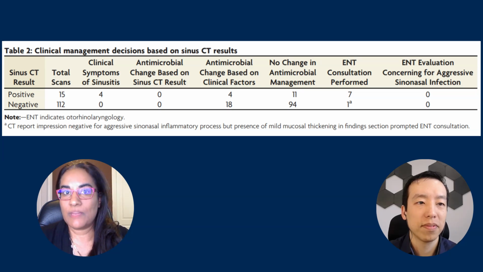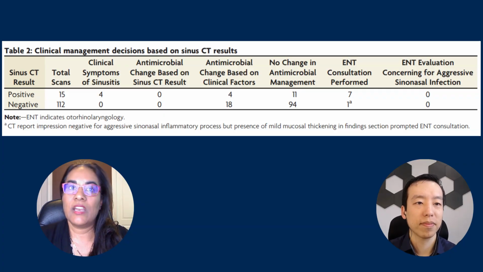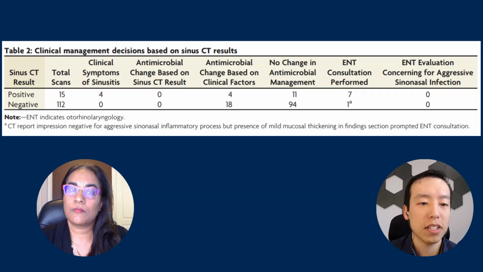So patients were maintained on their antimicrobial regimen, or treatment was adjusted based on other clinical parameters, but it wasn't ever the imaging result itself that informed the change in antimicrobial management. ENT consultation was performed in a couple of cases, but none of them found aggressive sinonasal infections.